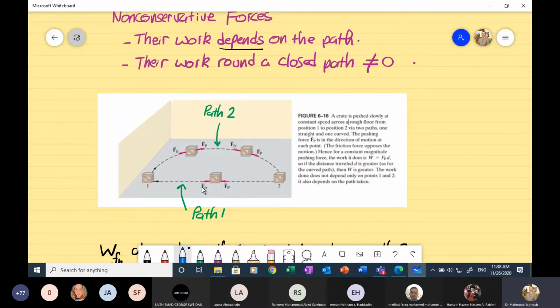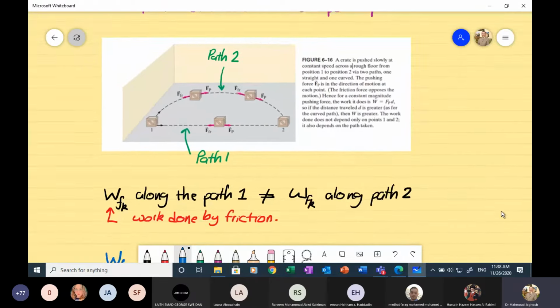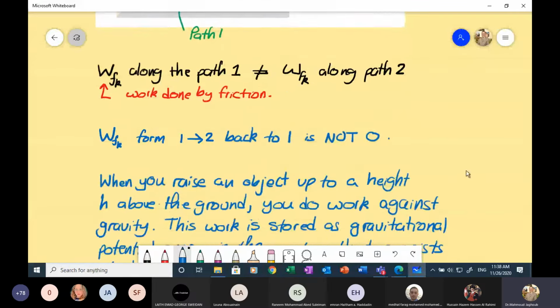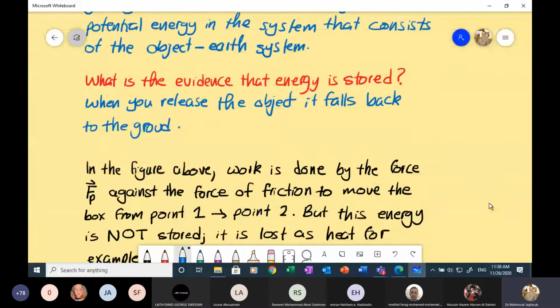So gravitational force is a conservative force, but frictional force is not a conservative force. Okay, so that's what we mean by the above two properties. Now over here I just explain exactly what I have just said in words. Okay, so you can read it and have a look at it.